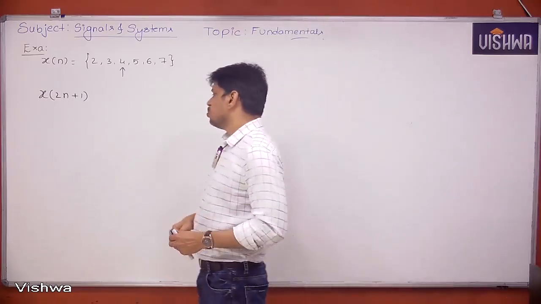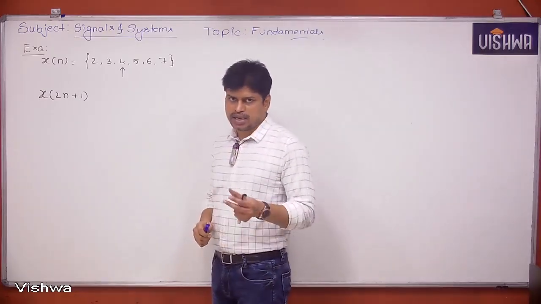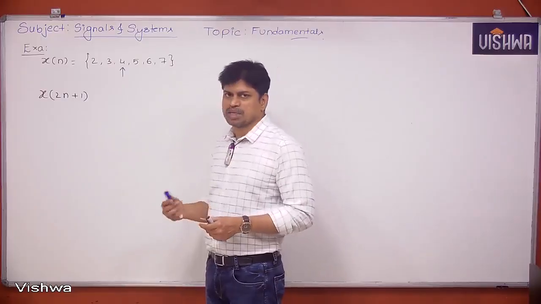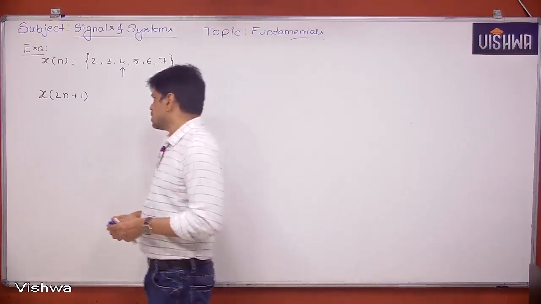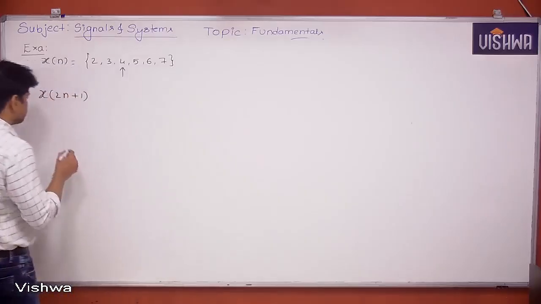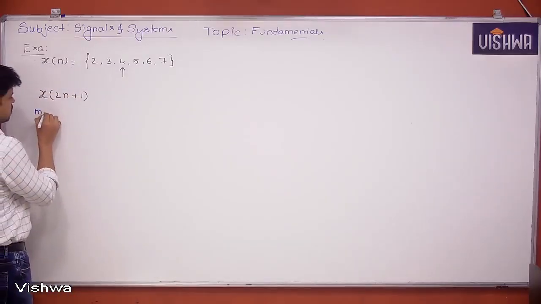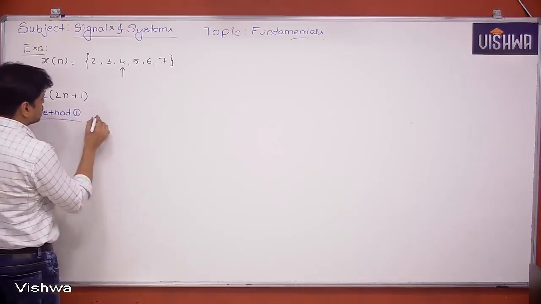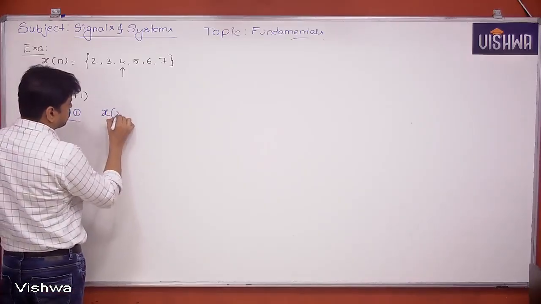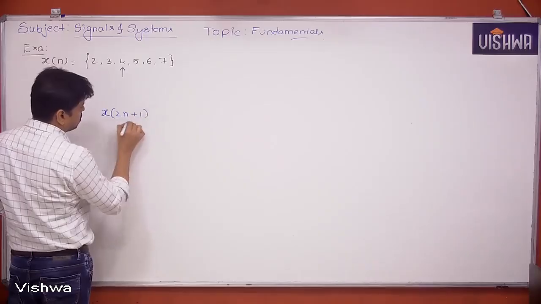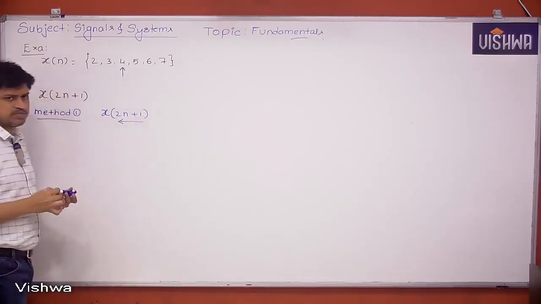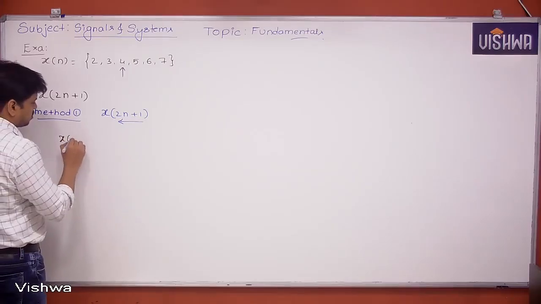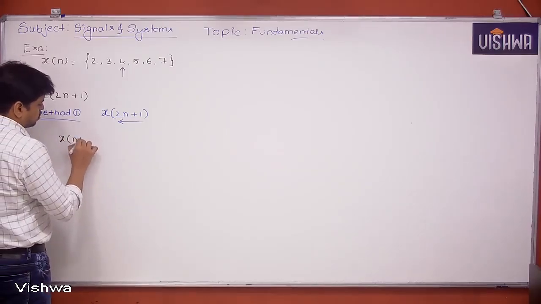So here also we can go with the natural method and the unnatural method. Let's see what will happen if I go with the natural method, and what will happen if I go with the unnatural method. Method 1: I can calculate x of 2n plus 1 in this direction. First we have to calculate x of n plus 1.